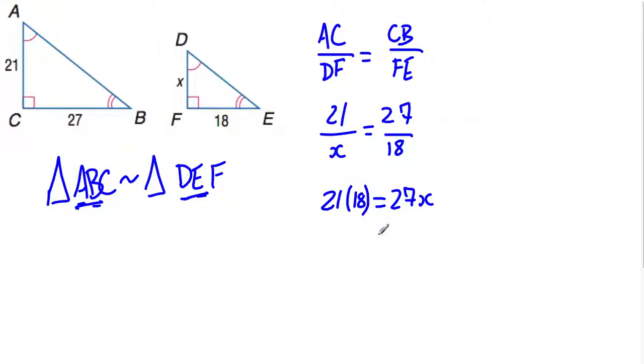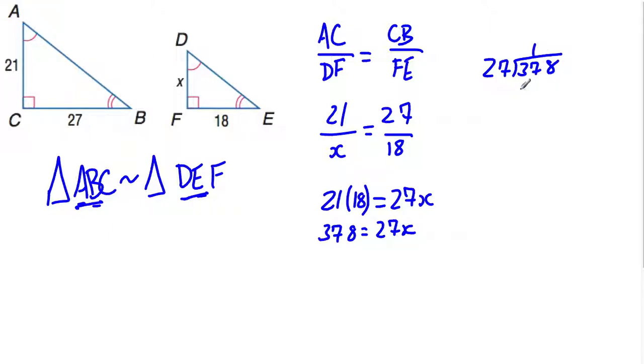I don't even have a calculator right near me, so I'm going to need to do this by hand, which is fine. I can do it. So 20 times 18 is going to be 360, and then plus another 18 is 378. So 378 is equal to 27x, and then we're going to divide, so 27 goes into 378.